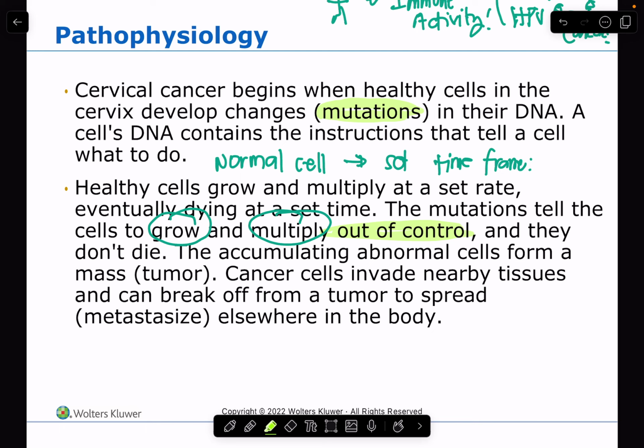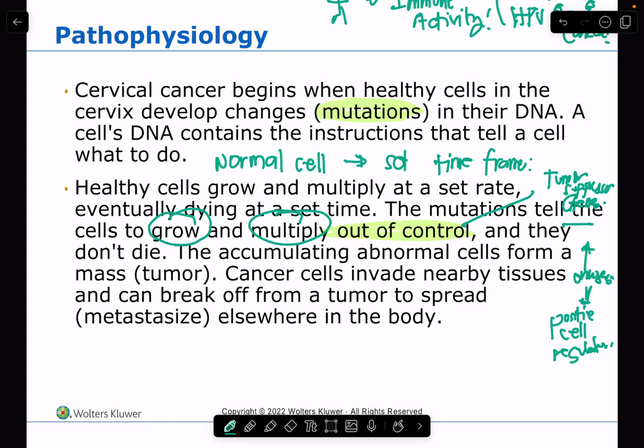Out of proportion, they grow and grow and grow because there is no one suppressing the growth. In cancer, the tumor suppressor genes, or TSG, are inactive. Why out of control? Because the tumor suppressor genes are not active or are not present, and oncogenes, which are positive regulators of cell growth, have increased in number as well.